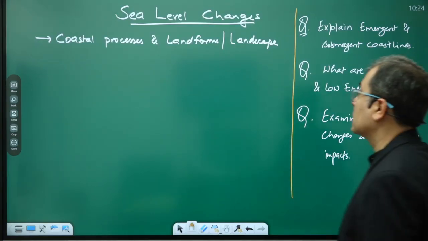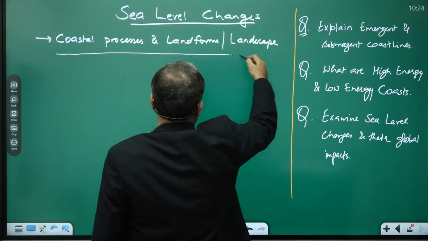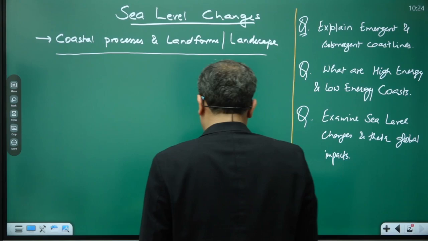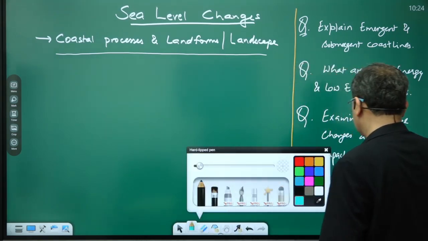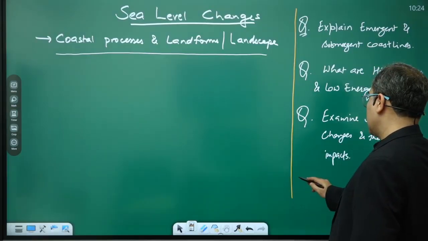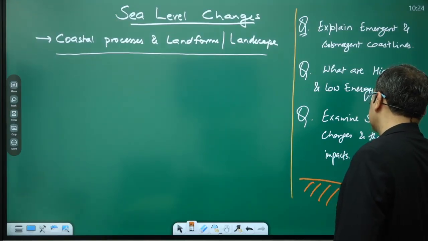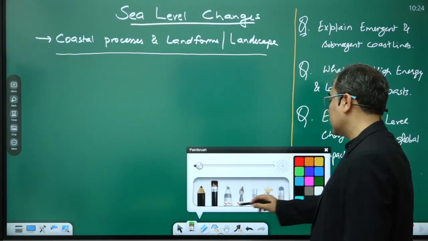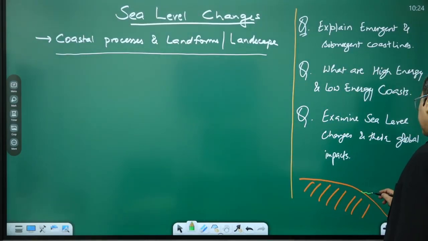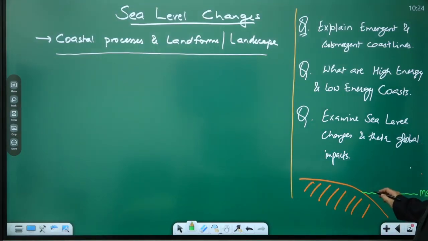We are talking about sea level change, and we are also talking about coastal processes and landforms. Do we get that? And there is one more thing I want to tell you. This is land. Suppose this is land. This is mean sea level, MSL. If there is a rise in mean sea level and the sea level has come here, this is called the rise in sea level. This will be called a positive movement.